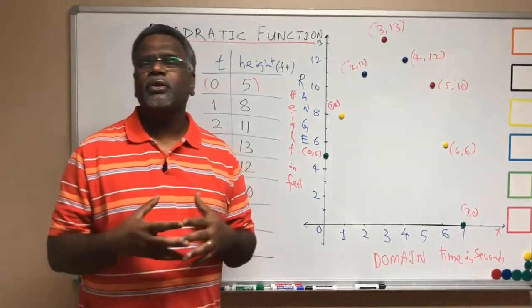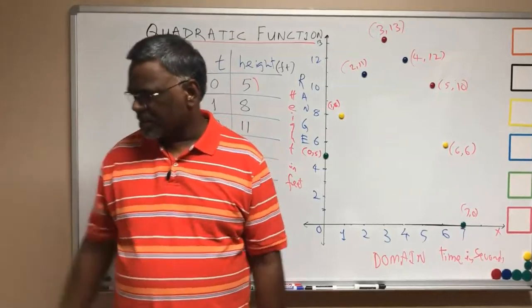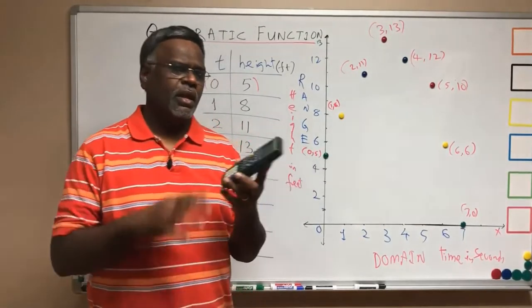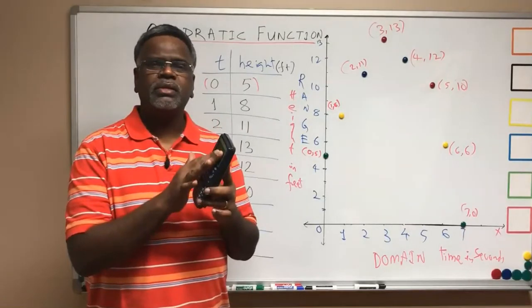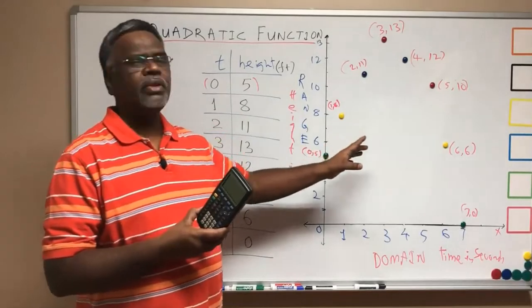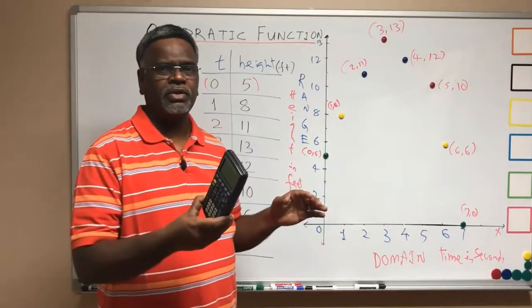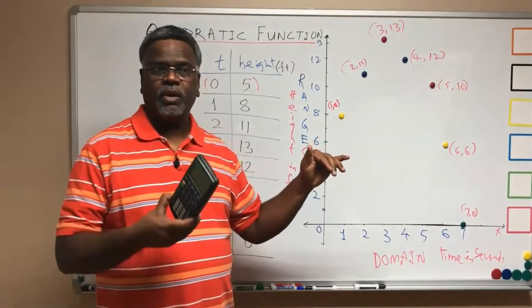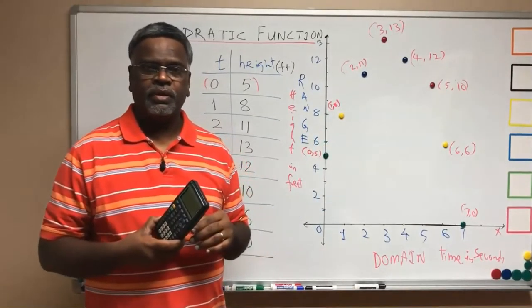In order to do that, you have something called a graphing calculator. By using this graphing calculator and quadratic regression, you can come up with a nice quadratic function. And that function will give you everything you are looking for, right?